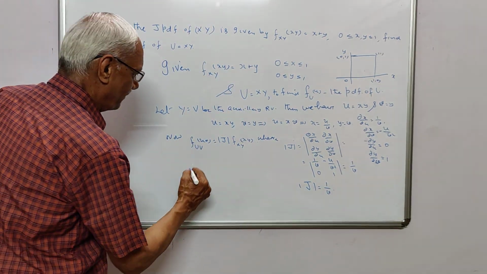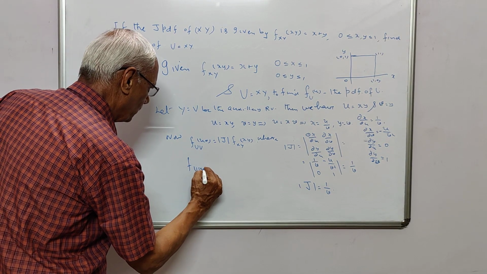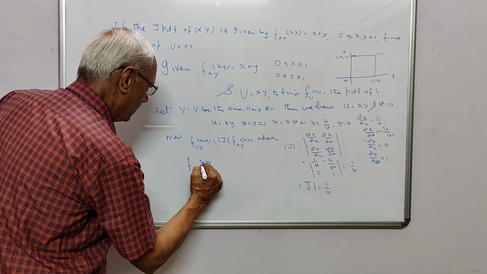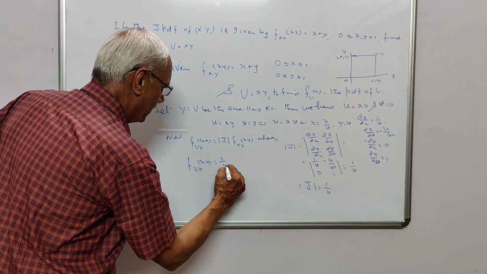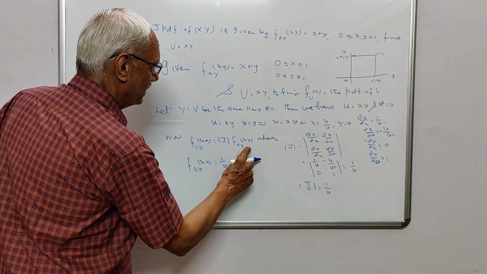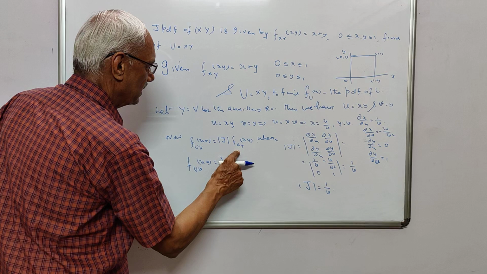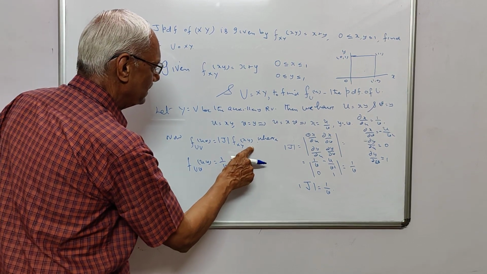Now you see that, therefore, what is it that you get here? f of uv is equal to 1 by v into f of x, y. So you see that this has to be changed.